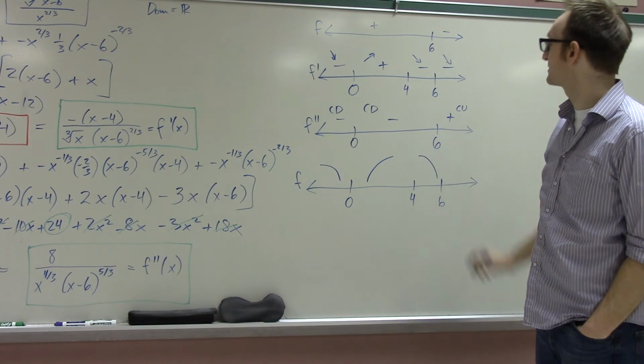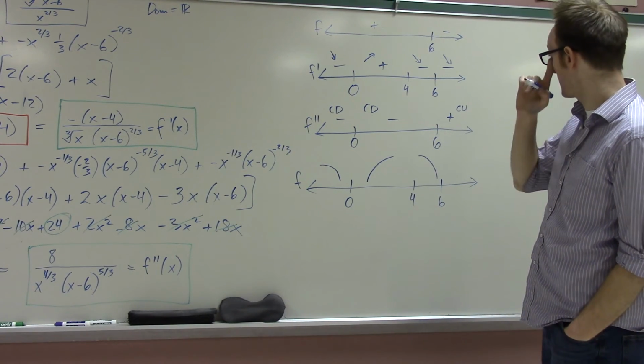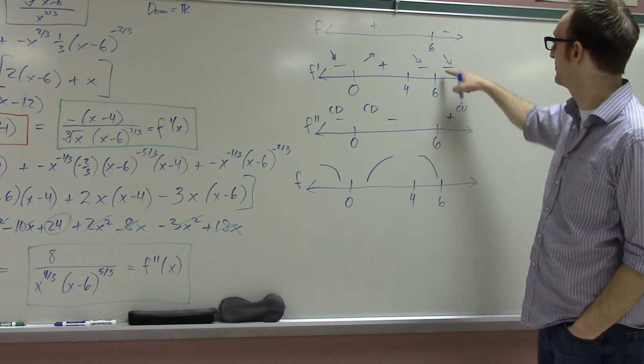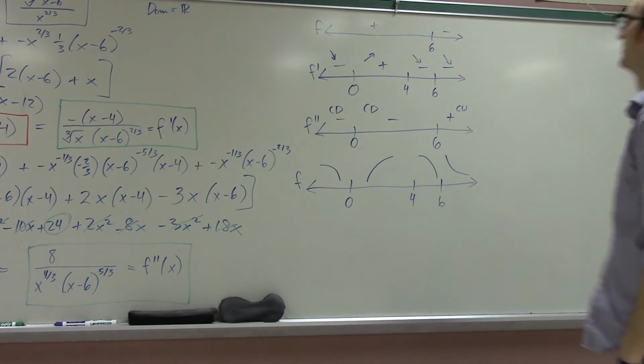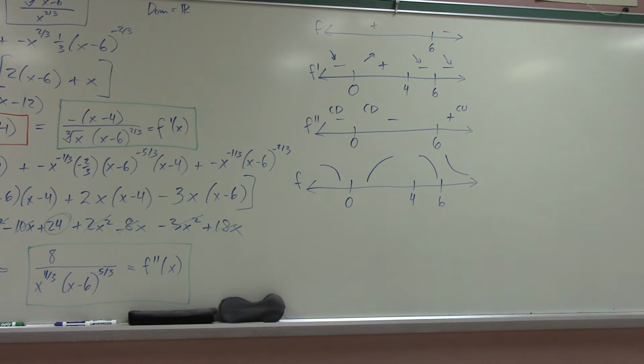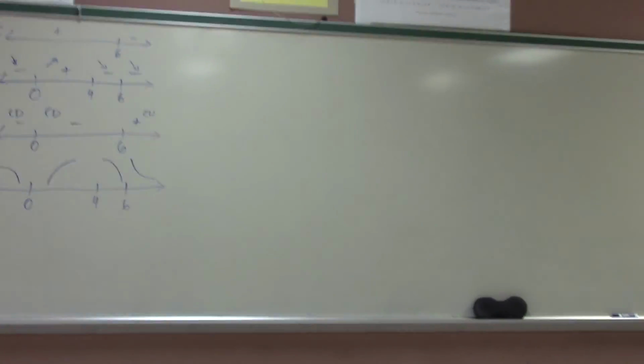So like that. And from 6 to infinity, it is decreasing, concave up. So that picture gives me that, so all this information was basically to determine all of this information here in this chart.